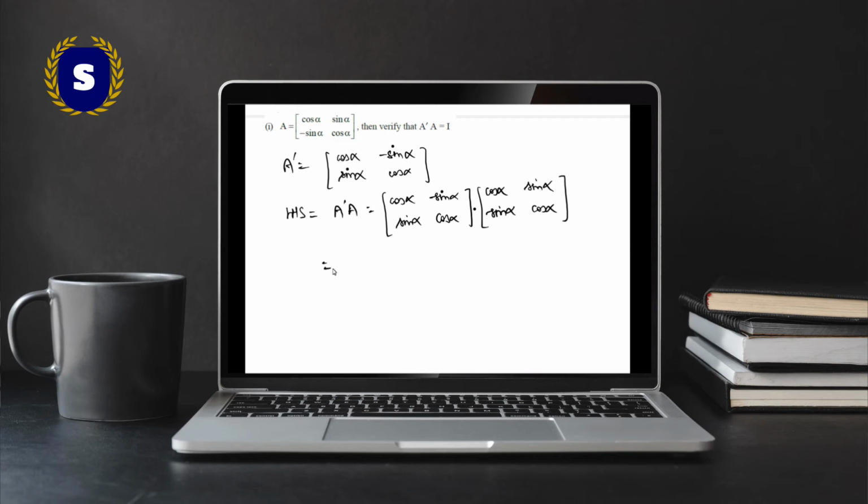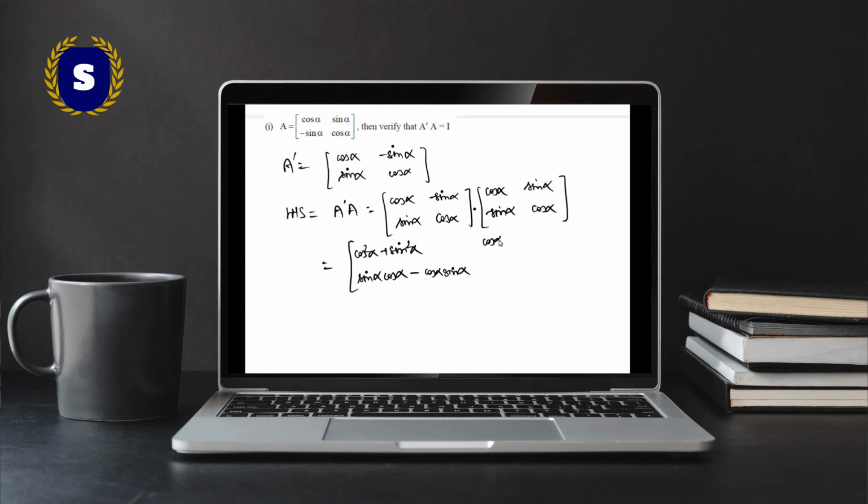So the product will give us cos square alpha plus sin square alpha. Then let us calculate the second element here: sin alpha cos alpha minus cos alpha sin alpha.